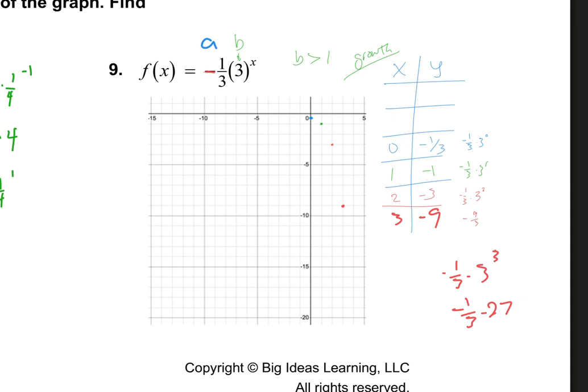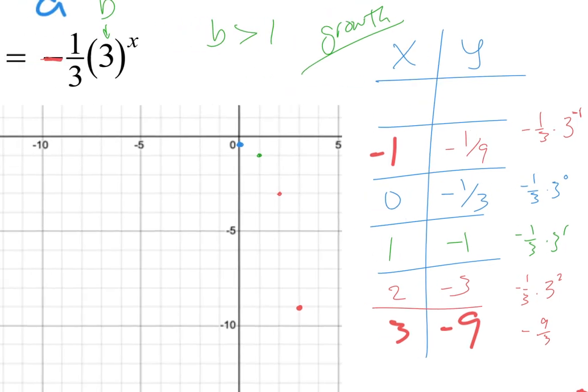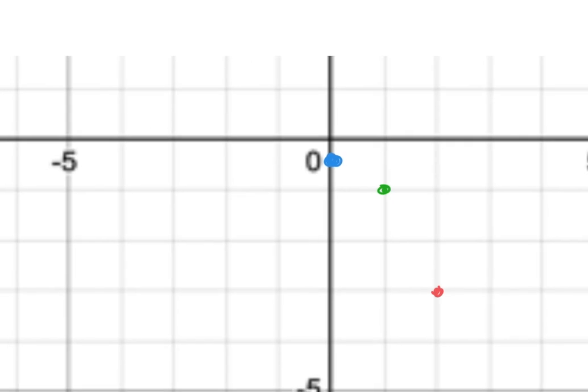And then we could keep going, right? But let's not keep going, shall we? But if we went negative, so we would get -1/3 times 3 to the -1, which that's -1/3 times 1/3. That's -1/9. So now notice if this is 1/3, 1/9 is 1/3 of the way there.